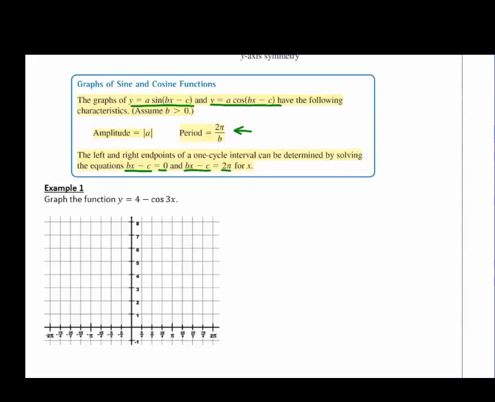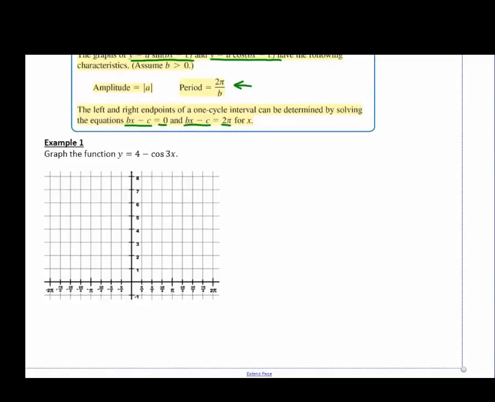All right, so let's take a look at example number 1 and see how we can put this all together. We know that our amplitude is going to be the absolute value of -1 because that's the coefficient of cosine. So our amplitude is 1, so we don't really have a vertical stretch going on there. The period is 2 pi over b, which in this case b is 3 because it's the coefficient of x.